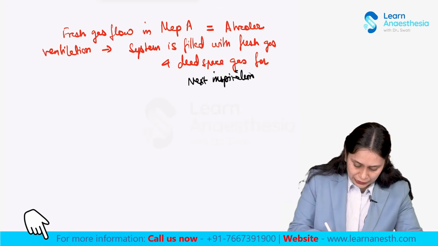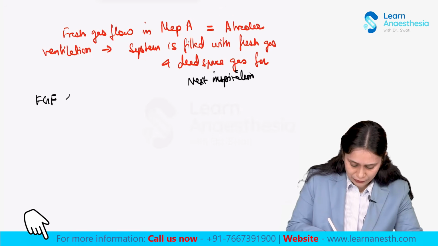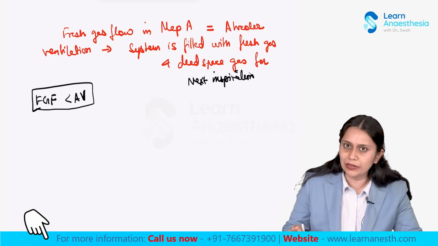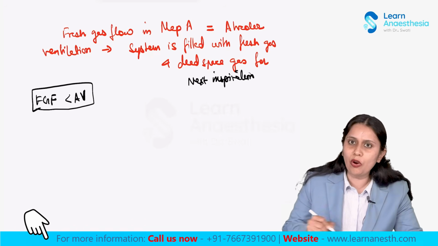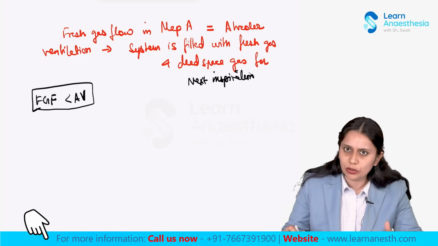Now if we keep the fresh gas flow less than alveolar ventilation, what will happen? In the corrugated tubing, the expired alveolar gas would also be there.